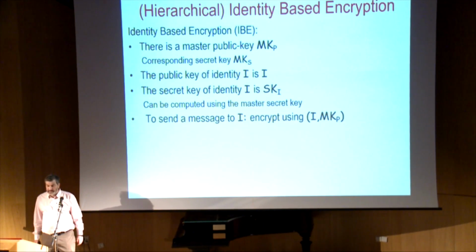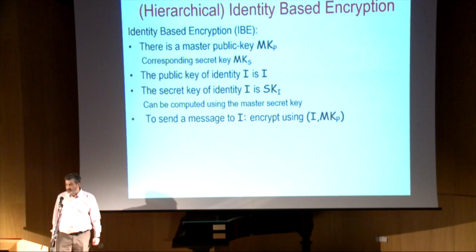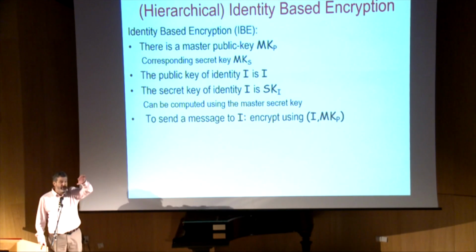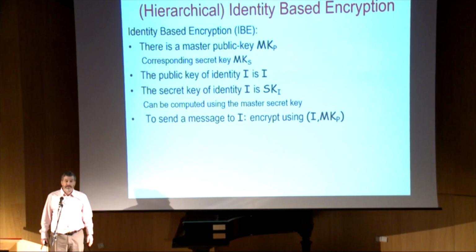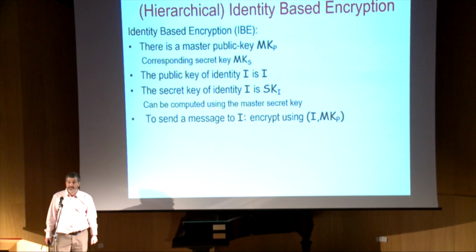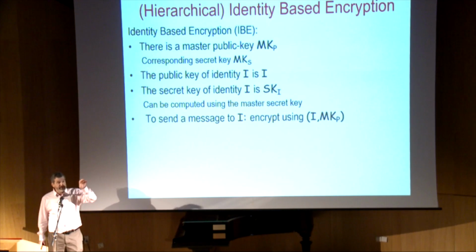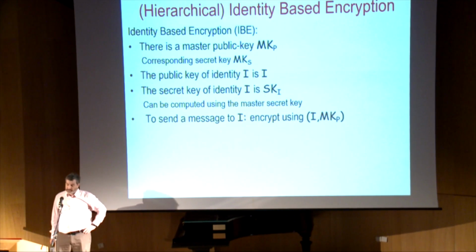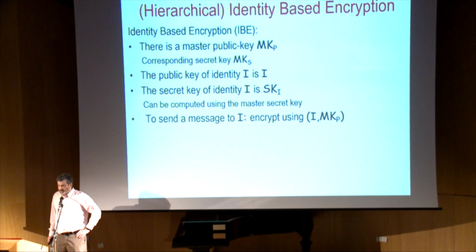And in HIBE, hierarchical identity-based encryption, there is another level. You can think of everyone as arranged in a tree. Now, instead of just one authority, every node becomes an authority for all its descendants. So every node can generate secret keys of all its descendants, in particular for all its leaves.